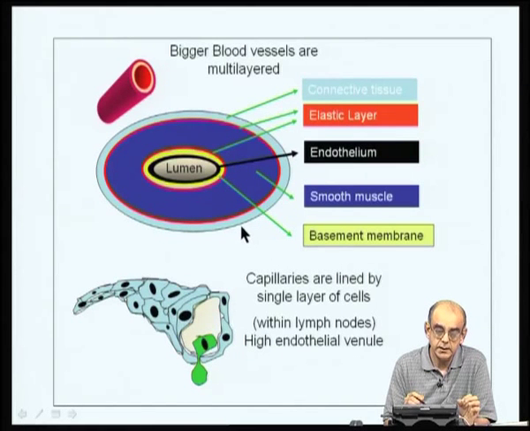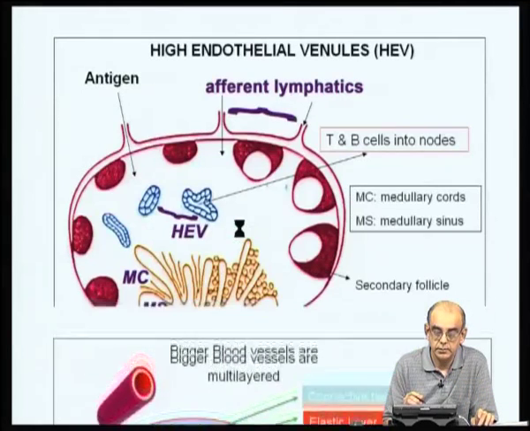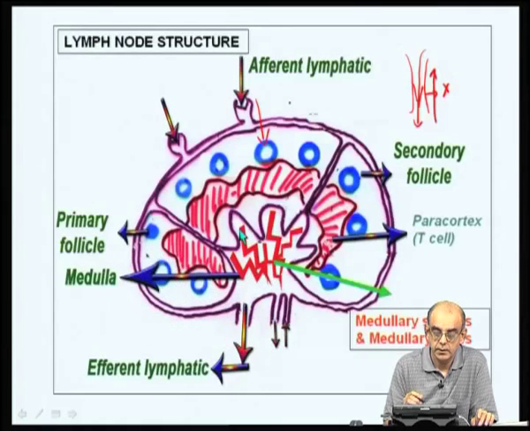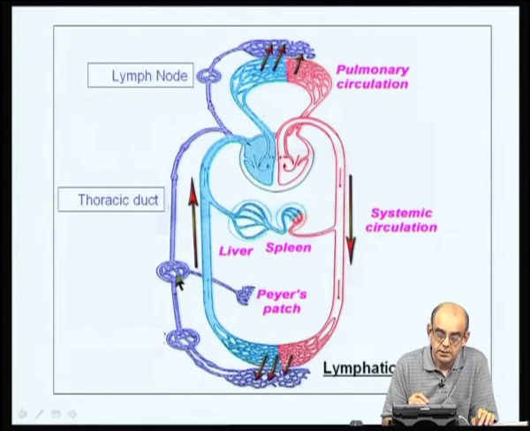Now, to imagine that, you need to go back and look at the lymphoid circulation, where you saw these lymph nodes, the thoracic duct, as well as the different systemic circulation.